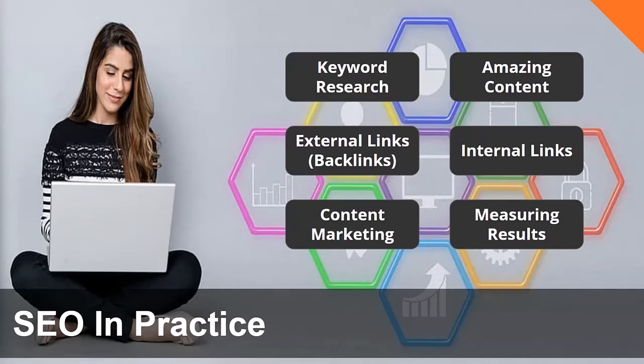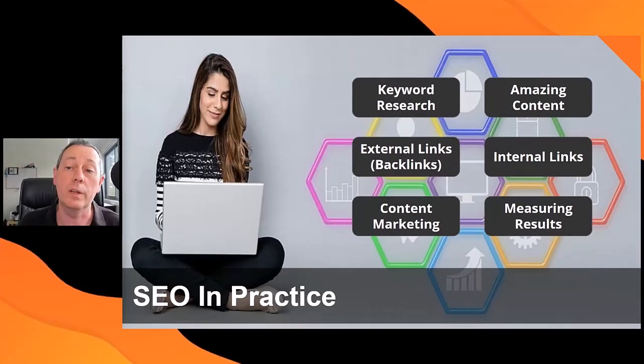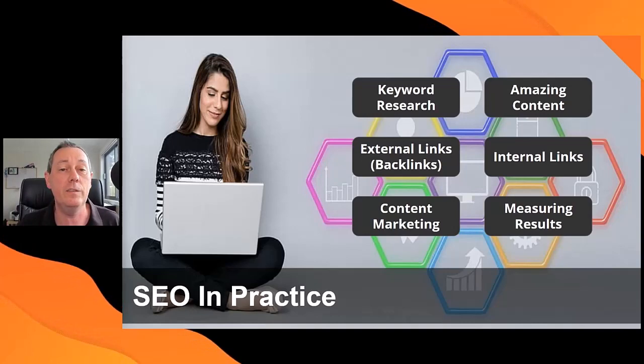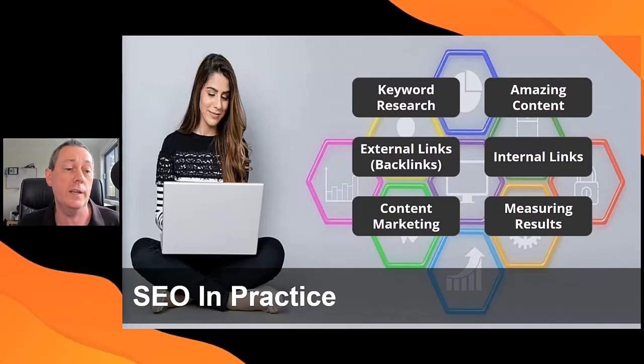It's going to get you noticed by Google. And we'll talk about content marketing in a few more slides later. And measuring results. So you need to be able to measure the results of your SEO. Otherwise, you don't know what you did well and what you did badly, what's working and what's not working. So these are the core key areas that you'd focus on in SEO when you're starting on your SEO journey in the beginning.